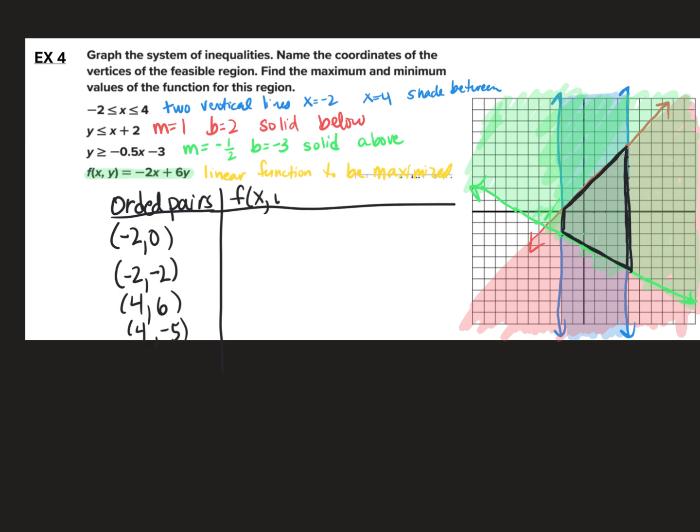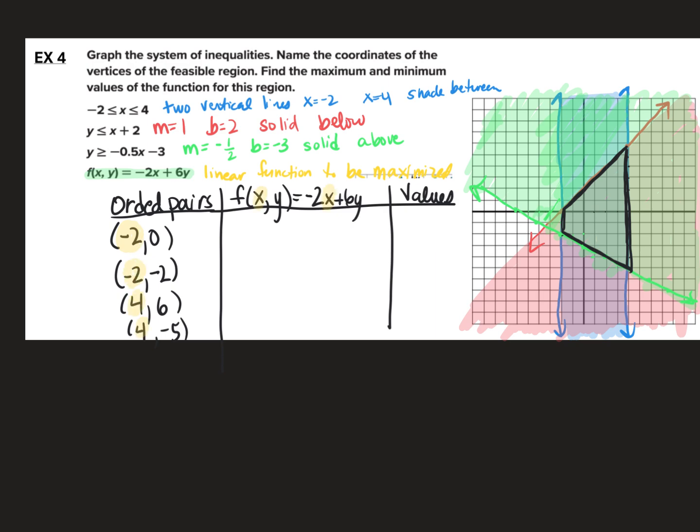I'm going to use that linear function. That's what we're optimizing. And then I'm going to put those values, the maximum and the minimum values. So these are our values, and of course we know the maximum is the highest and the minimum is the lowest. So I'm going to substitute -2, -2, 4, and 4 for x.